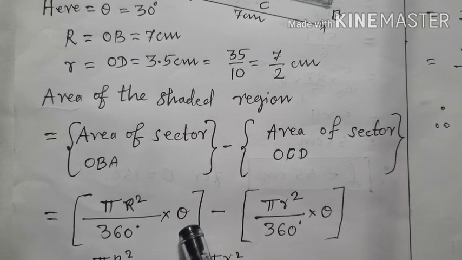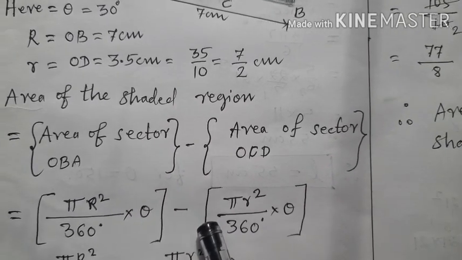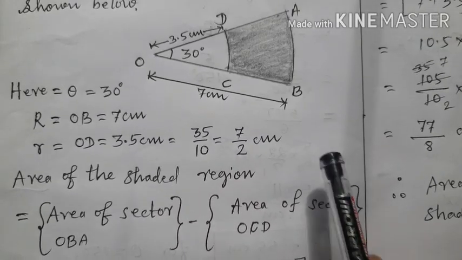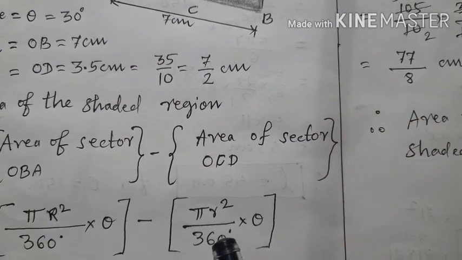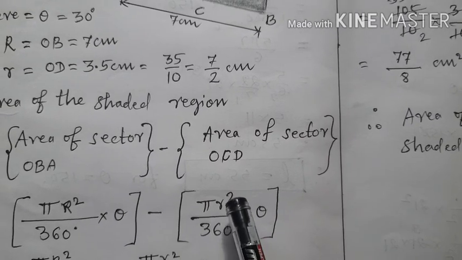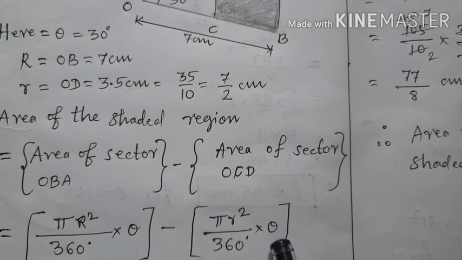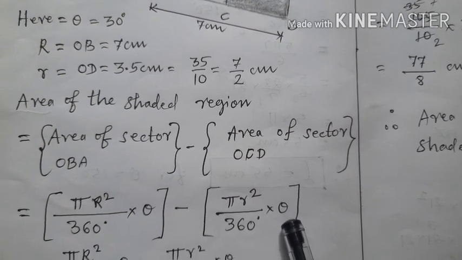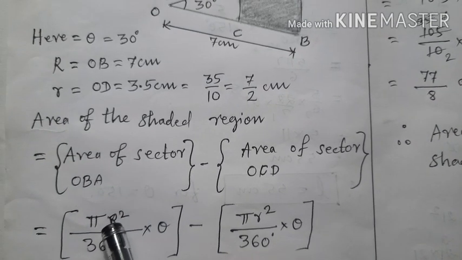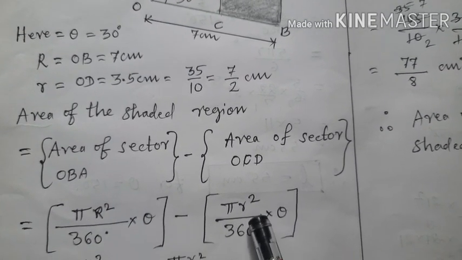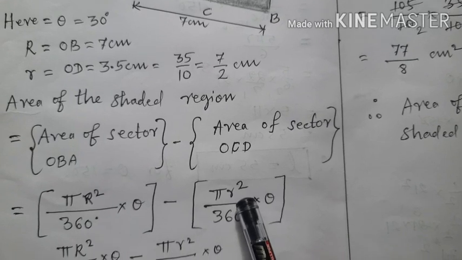For theta, how much is the area? Minus area of sector OCD. Sector OCD is, for 360 degree, pi r square is the area, and for theta degree, how much is the area? Here I have taken capital R for larger circle and smaller r for smaller circle.